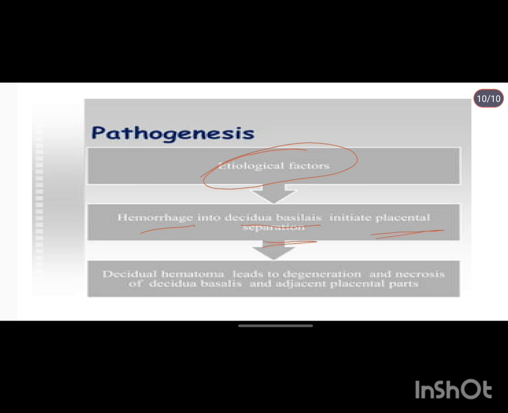Because of which there is a formation of hematoma in the decidua, resulting in the necrosis of the decidua basalis and also the adjacent placental parts. So this is the pathophysiology that we see in placental abruption, ultimately resulting in the degeneration of the decidua basalis, resulting in physical structural changes in the placenta, resulting in placental dysfunction.